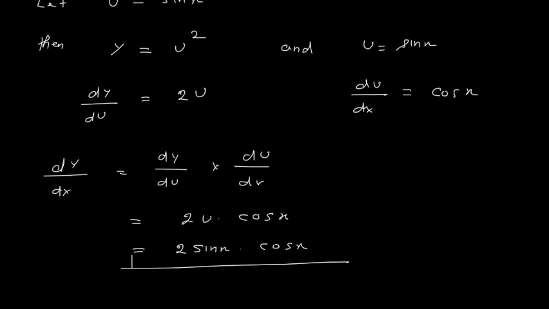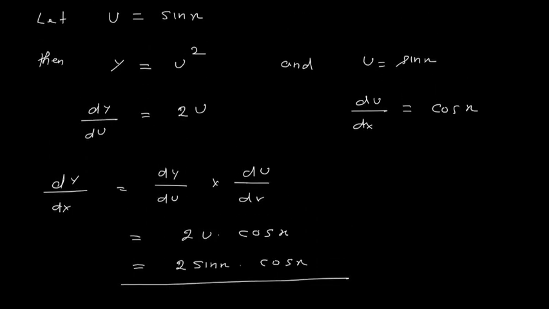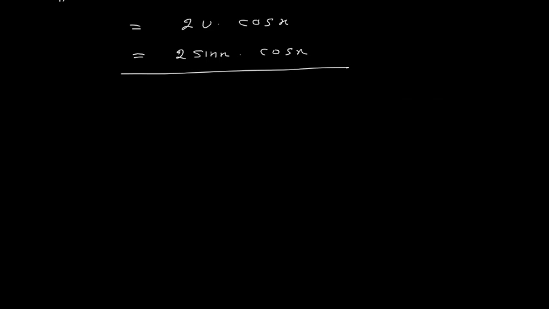Now we can cut short this method, but for that you need practice. When I say y is equal to sin square x, you have to understand what the outer function is. The outer function is the square function. You remember the formula for the derivative of x square.